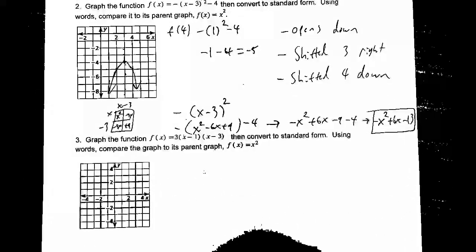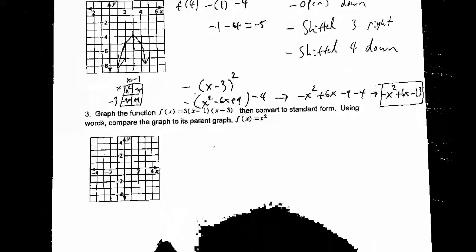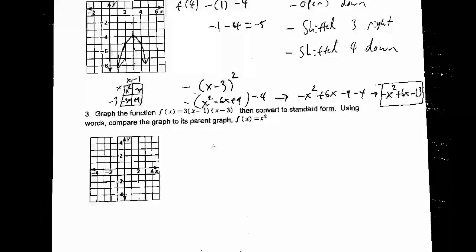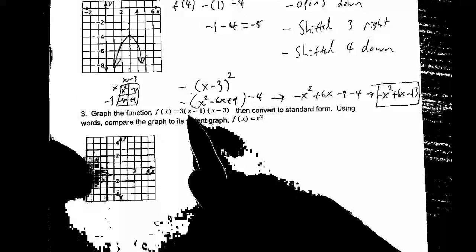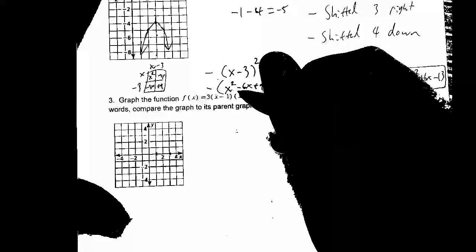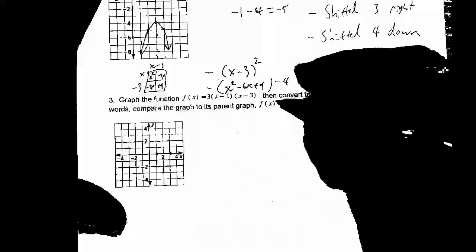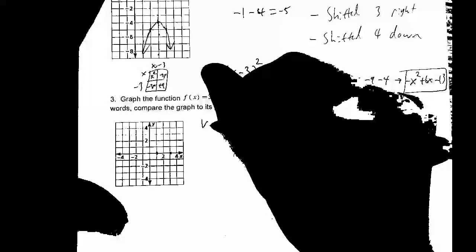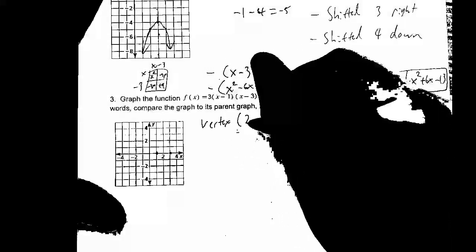Okay. Graph the function, then convert to standard form, and using words, compare to the parent. So this one, we have our x-intercepts. The x-intercepts are 1 and 3. So I'm going to plot them here, 1 and 3. And then the vertex is in the middle, so the vertex has to be at x equals 2. We can find the y-value of the vertex by plugging 2 into the equation.